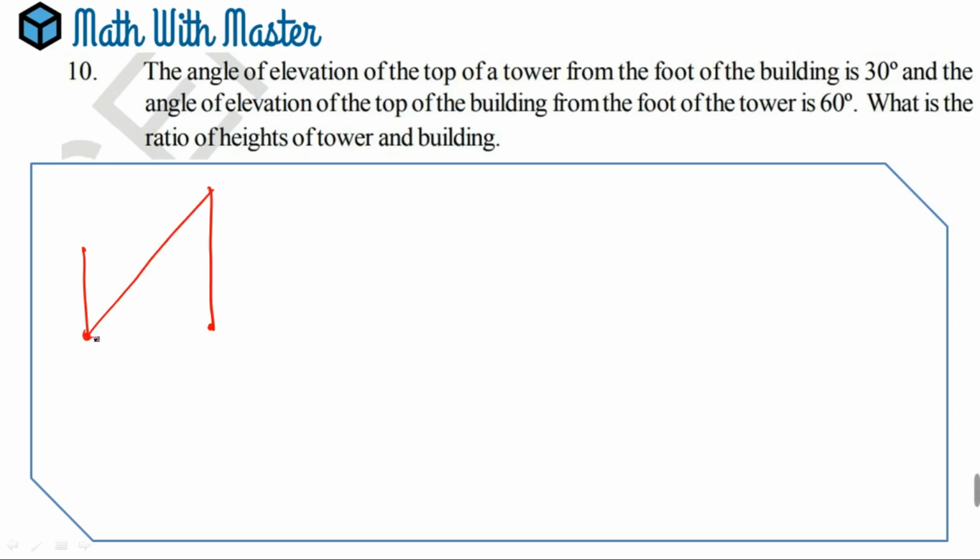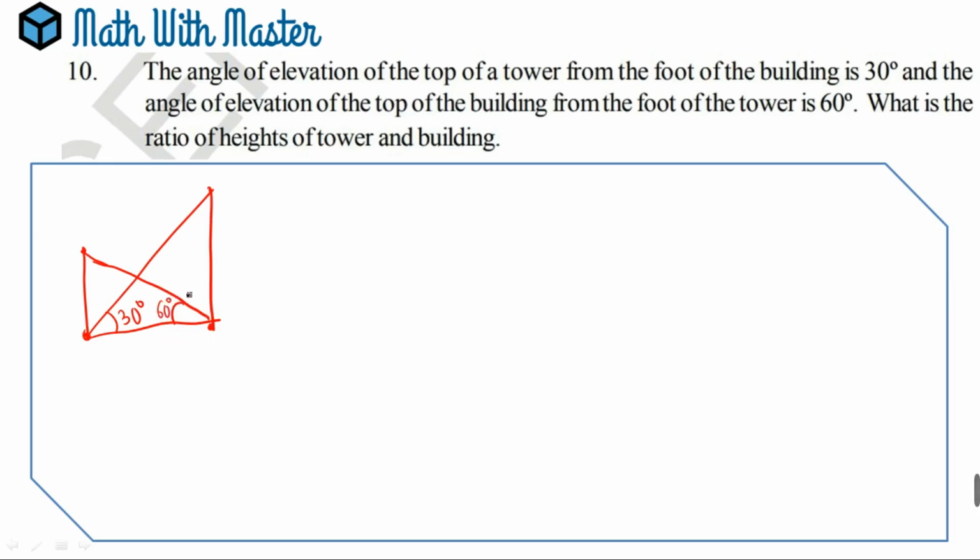So this will be 30 degrees, and the angle of elevation of the top of the building from the foot of the tower is 60 degrees. And now what is the ratio of their heights?